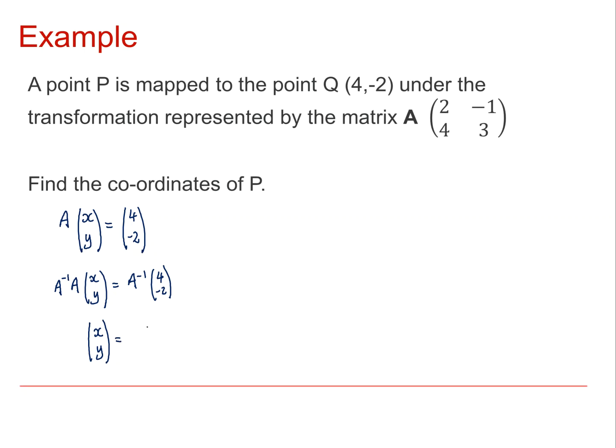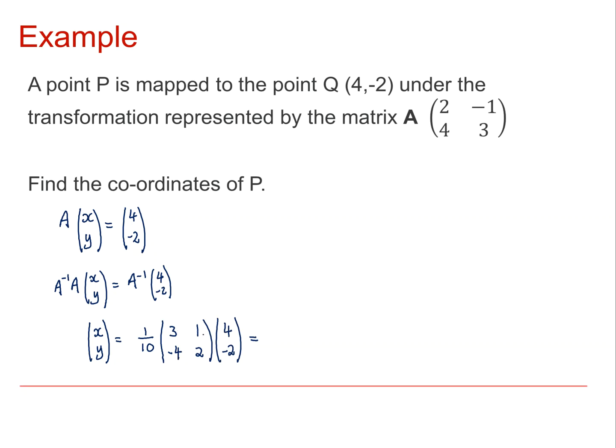So let's just see what A inverse is. The determinant is 6 take away minus 4, which is 10, so that's 1/10, multiplied by swap the elements on the leading diagonal, so that's 3 and 2, and change the signs of the other two elements, so that'll be 1 and minus 4, and multiply that by (4, -2).